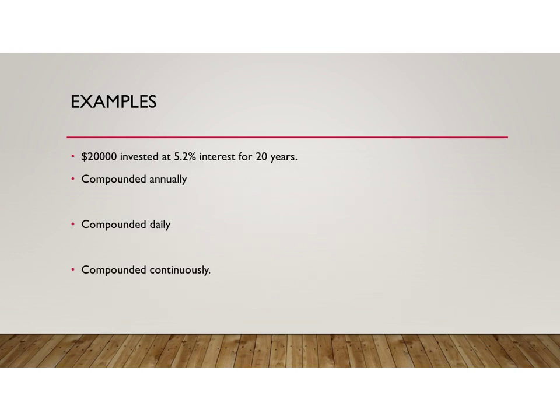Another example, we're investing some big bucks now, $20,000 at 5.2% interest, a great interest rate. So annually, 0.052. I'm going to add 1 to that, take it to the 20th power, and my initial amount is $20,000. Now I'm just going to put 20 there, just to save a little typing, because at the end I can fix this.